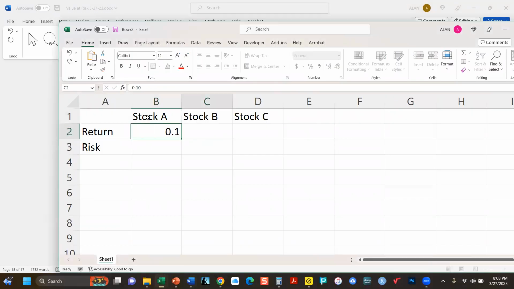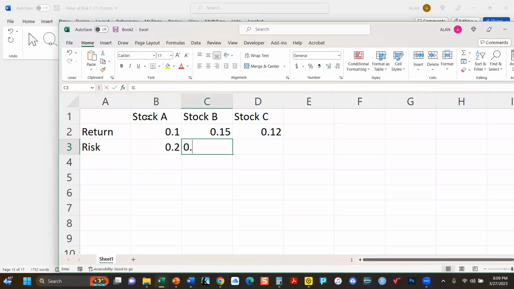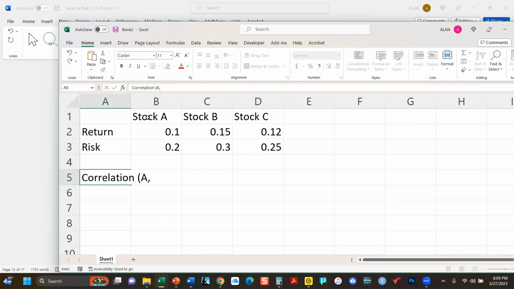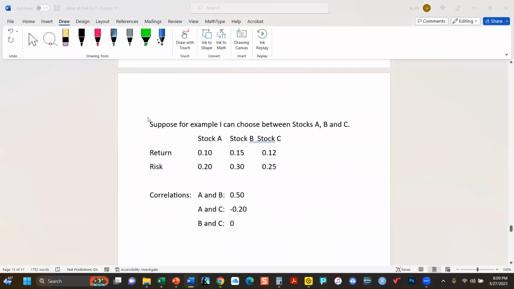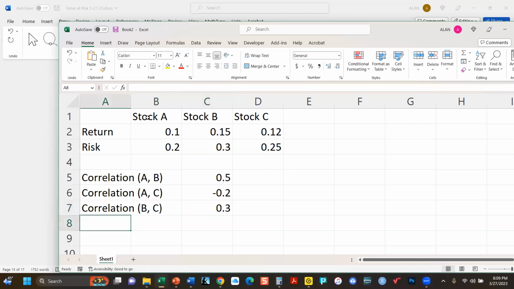Returns are 10, 15, and 12. Risks are 20, 30, and 25. And let's say the correlations between A and B is 0.5, A and C is negative 0.2, and the correlation between B and C is 0.3. All right, so we're going to create some portfolios.